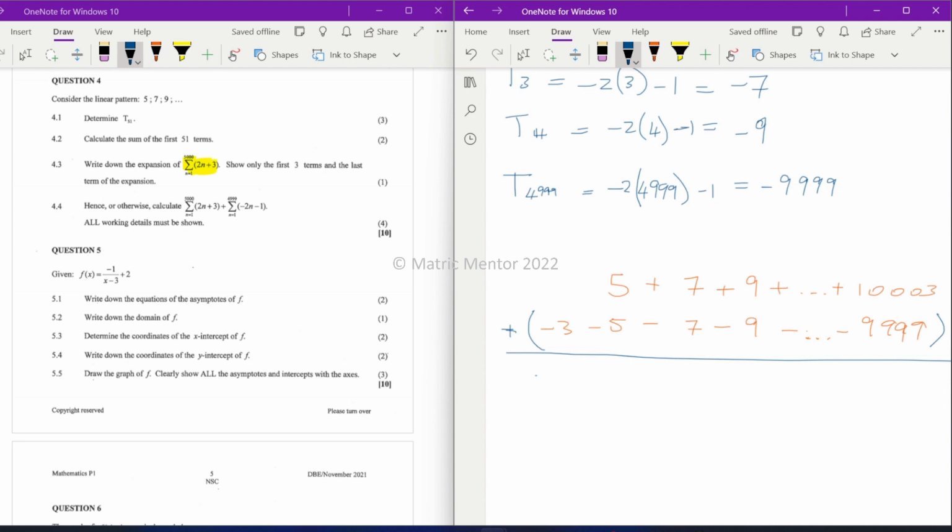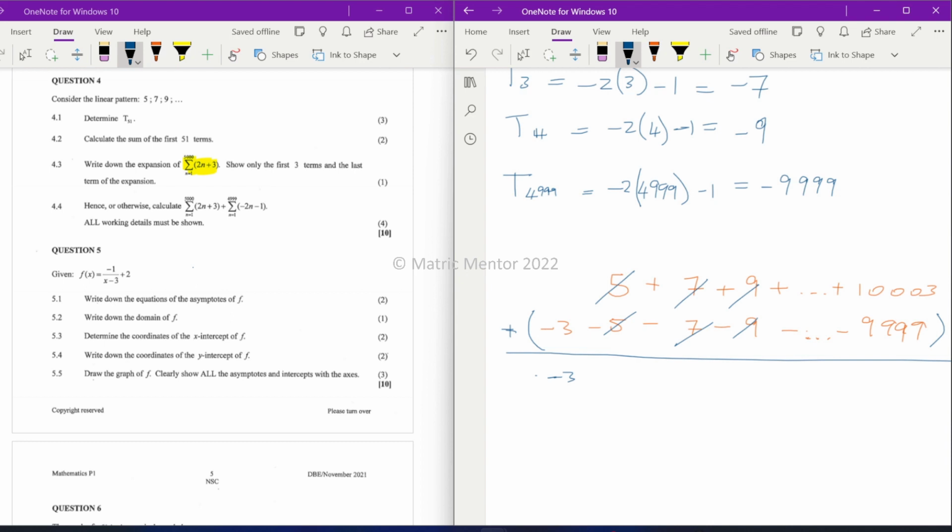You can say there's nothing in front of the 5, so it's going to be 0 minus 3. That is going to be -3. Then all these odd numbers will cancel off because we're adding 5 to -5, 7 to -7, 9 to -9, and these will all cancel off.